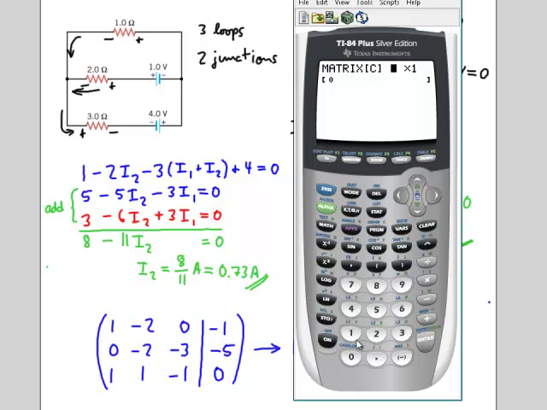The system of equations, so here's 3 by 4 matrix, and 1, negative 2, 0, negative 1.